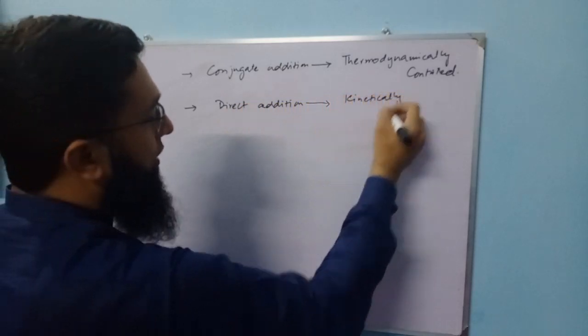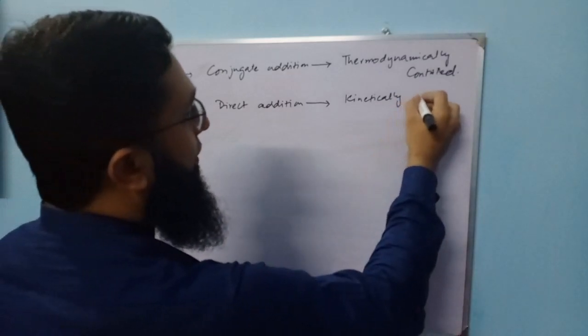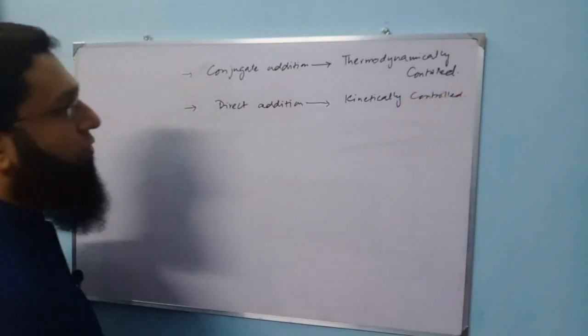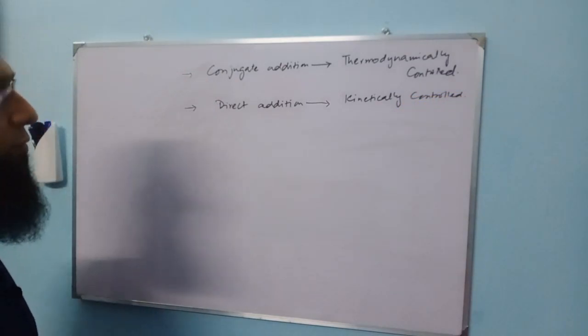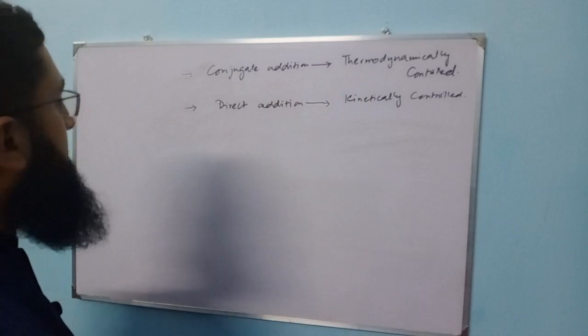I hope that you already know the difference between the two. Kinetically controlled means the product which forms faster, and the other product forms over time.